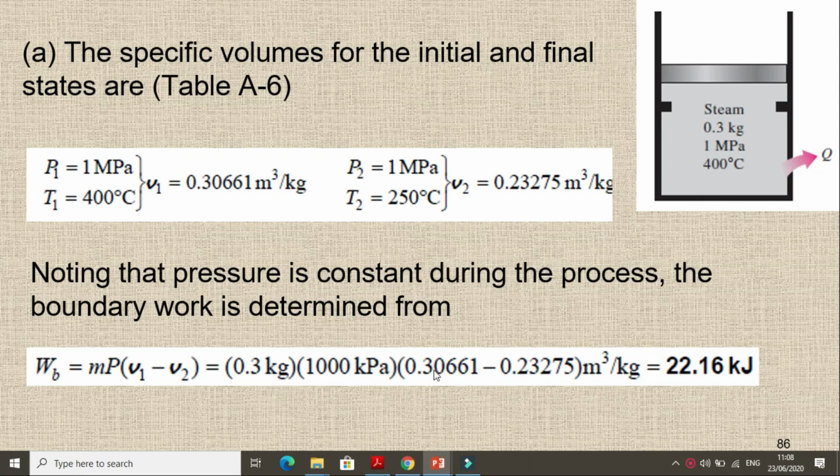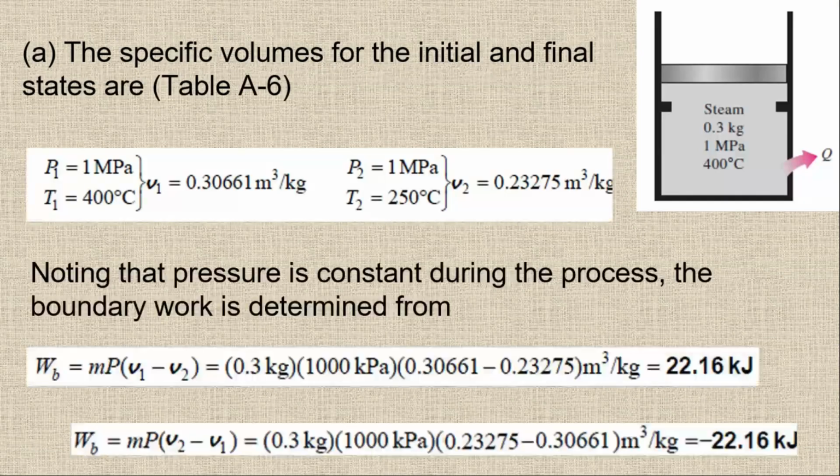If you write v2 minus v1, it will be easy for you. If I just write v1 minus v2, you will get the positive one, and in this way you will get the magnitude only. If I write v2 minus v1, then you will get a negative answer, so this is the correct one. Here we have v2 minus v1, and then we have a negative answer.